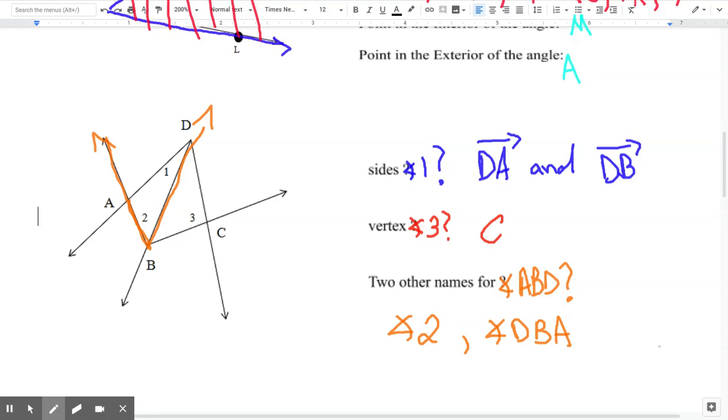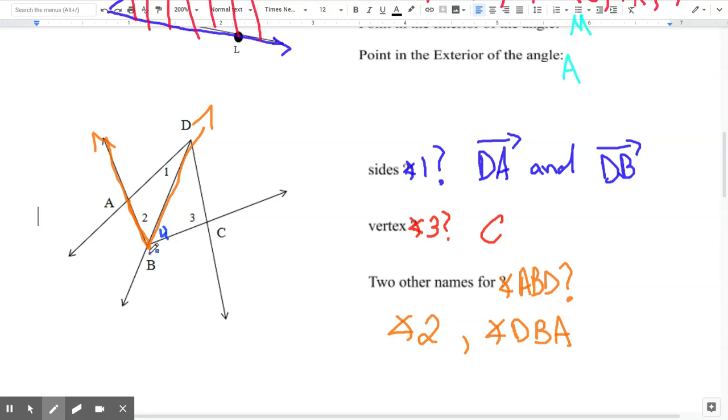Notice as well, I'm not using angle B to name this angle. I'm not just going to use the vertex. The reason for that is this diagram is more complex. If you look at point B, there are actually a few other angles that we could talk about. We have an angle here that's not listed, but we could call it angle 4 that's in this corner.